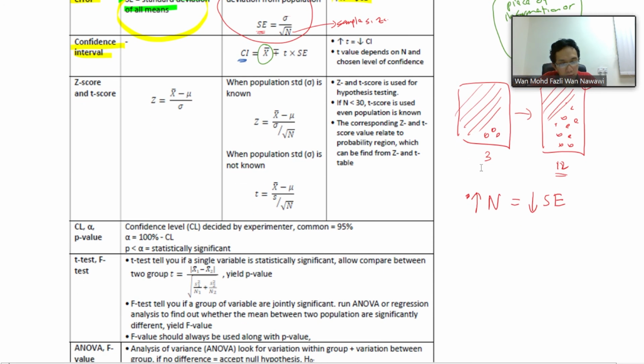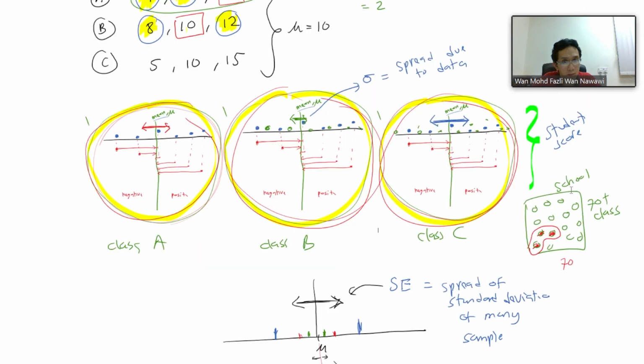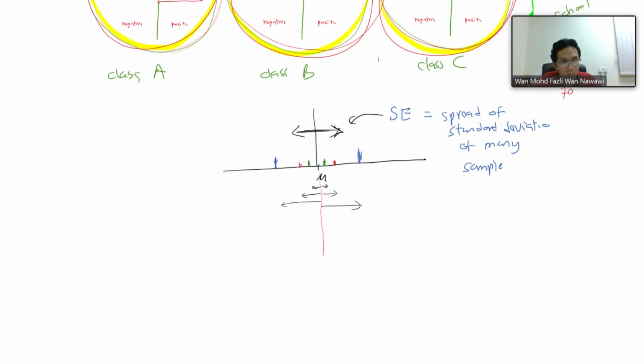To give an example, let me go to here. Let's say you have like before, this is the population, and this is your class A, class B, and class C. Let's say you take 4 classes, with 20 students, 30 students, 50 students, and maybe one with 15 students.